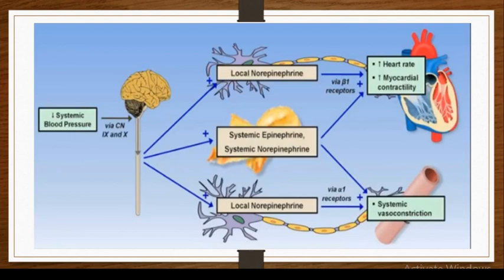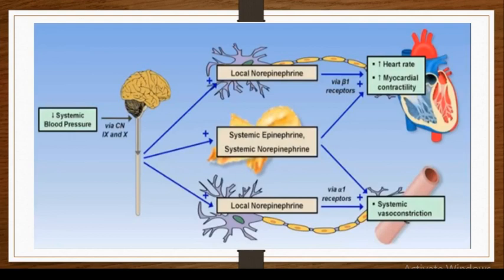Also, these systemic norepinephrine and epinephrine will act on the arterioles to cause systemic vasoconstriction through the alpha 1 receptors. So basically, this is how the sympathetic nervous system affects the regulation of the heart, as well as how the heart works to increase the blood pressure.